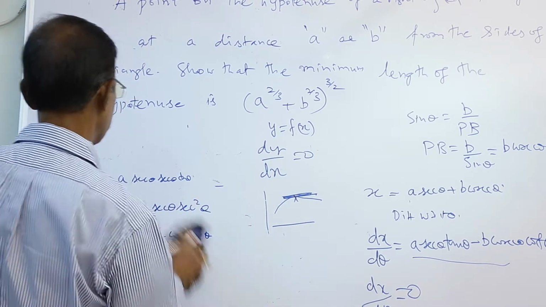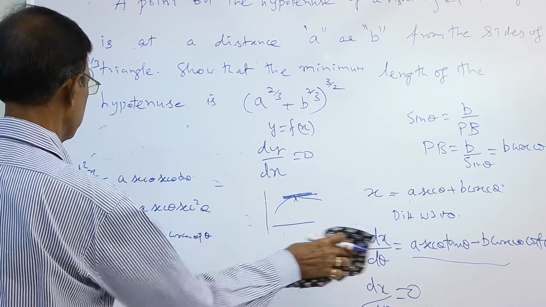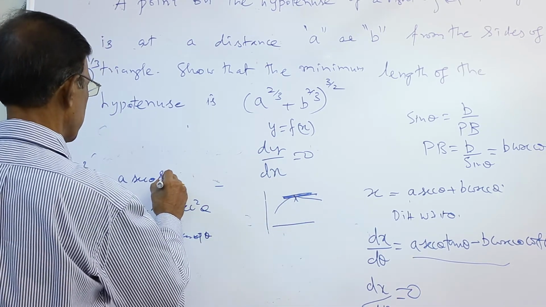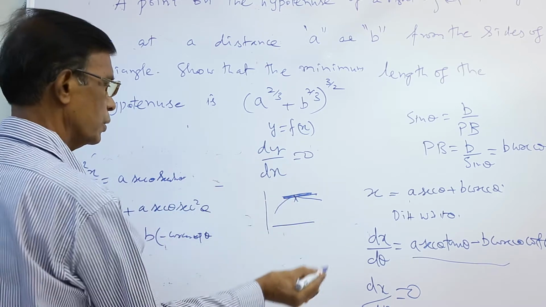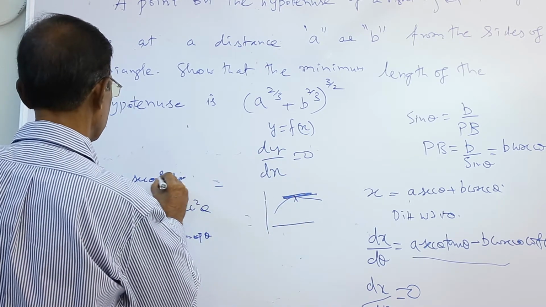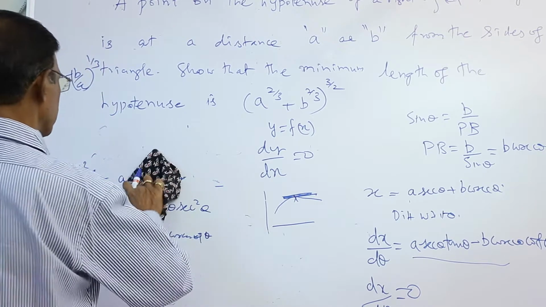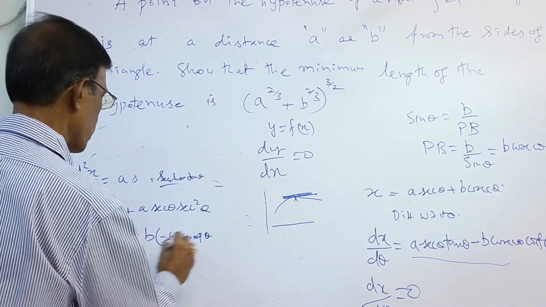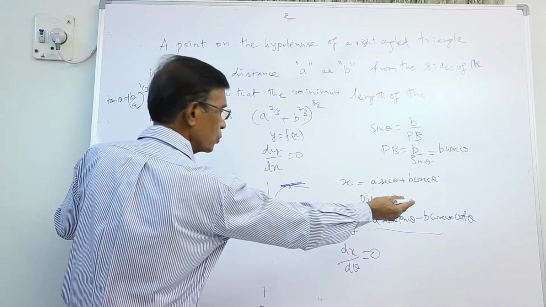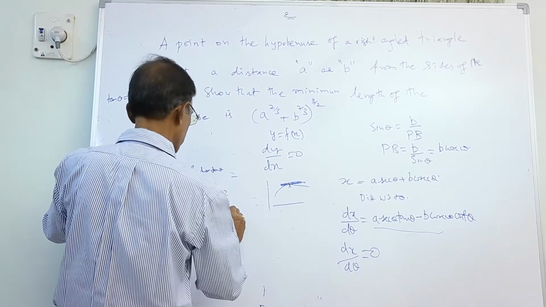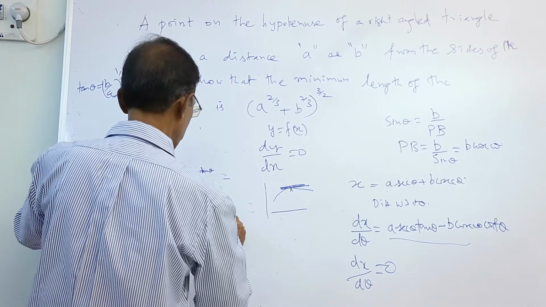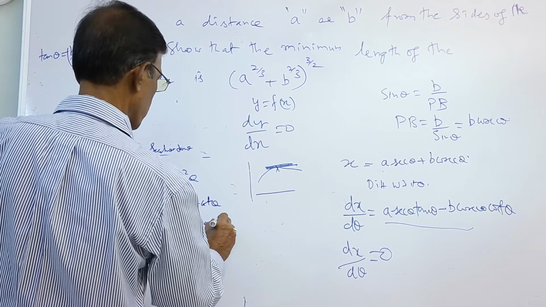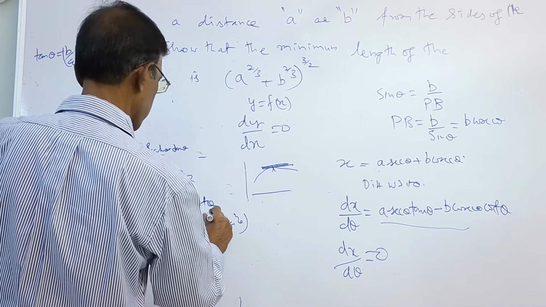Now this gives you secant theta and another secant theta tan theta into tan theta. Okay, now this is going to give you cosecant theta cot theta minus cosecant theta cot theta into cot theta minus cosecant theta into minus cosecant squared theta.